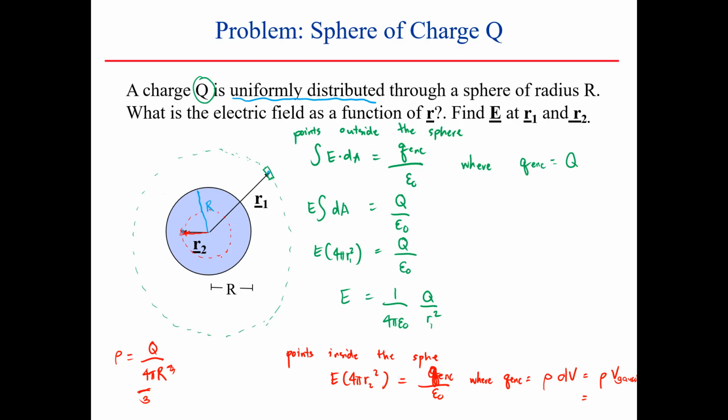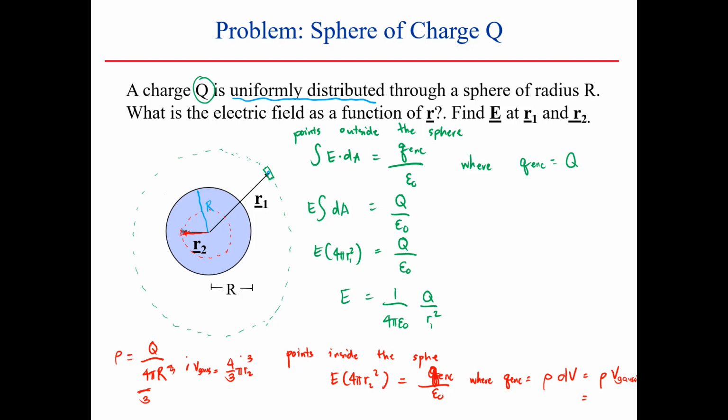So, the volume of this red Gaussian surface is just equal to 4/3 pi r sub 2 cubed.